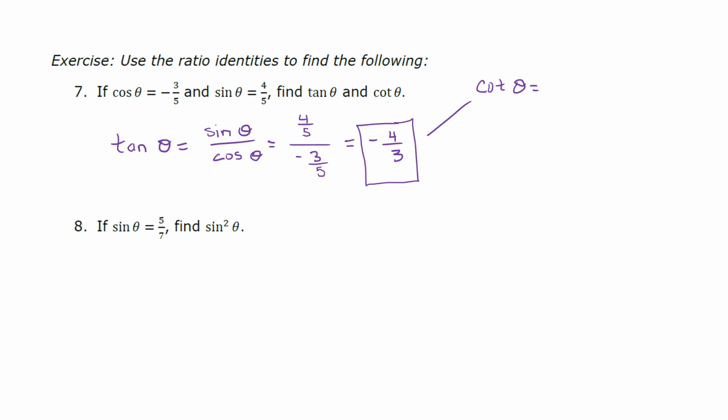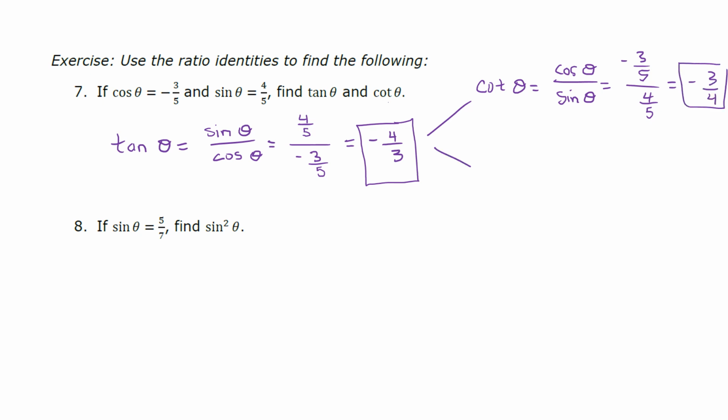So cotangent theta is cosine theta over sine theta. Cosine theta is -3/5. Sine theta is 4/5. When we divide these two ratios, we get -3/4.